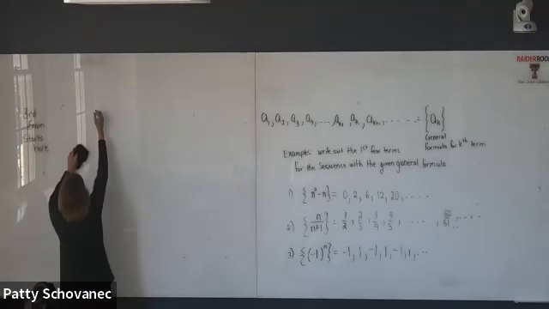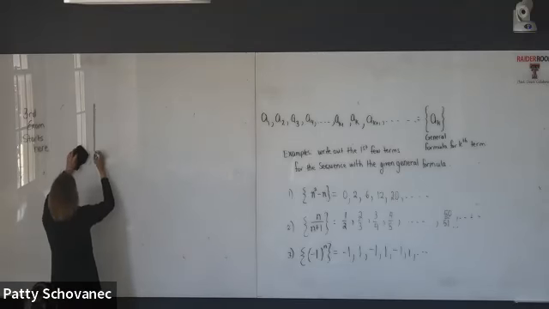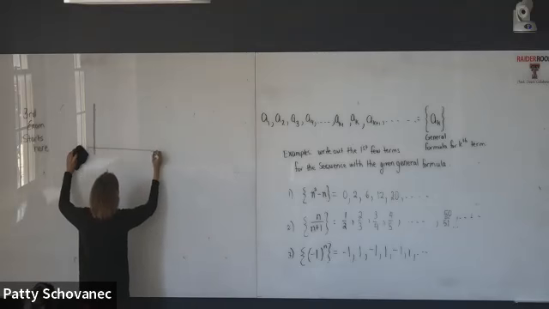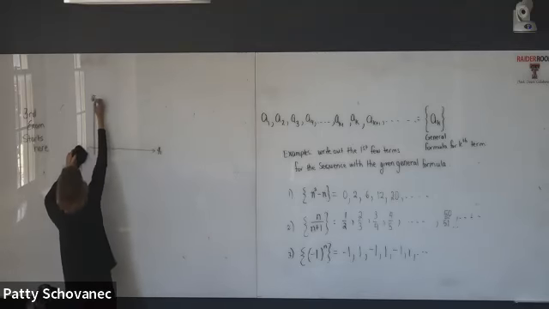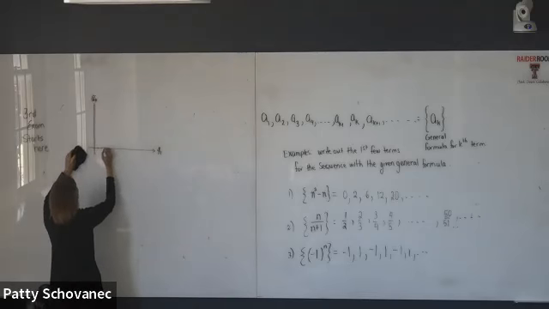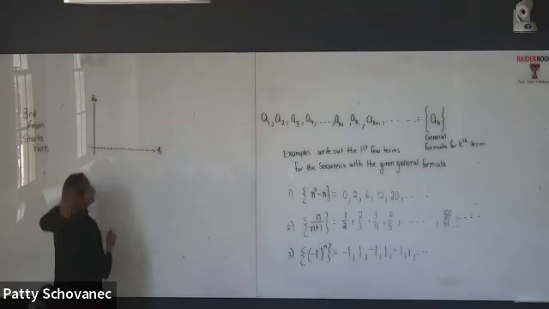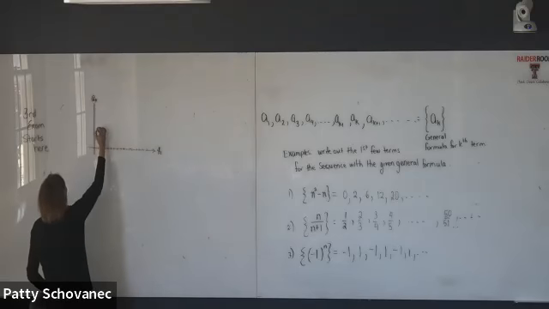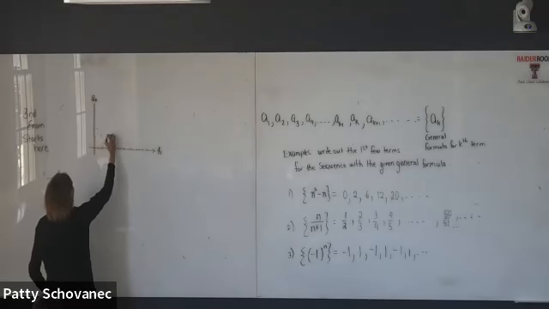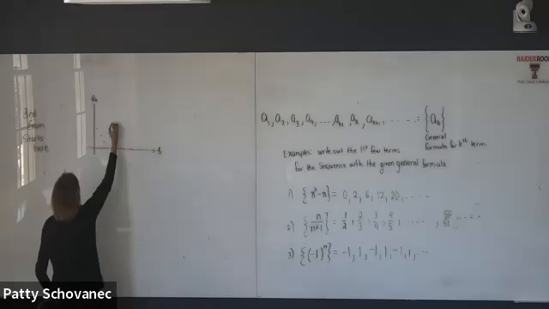So if this is the picture of a sequence, again, those are the subscripted A's, that's the counter. If these are my integer values here, and then I'll break up my number line and go out for a bit. So my values might bounce around a little bit.